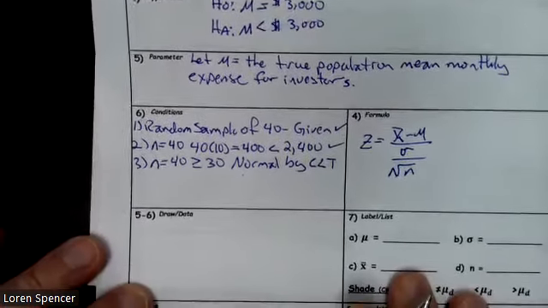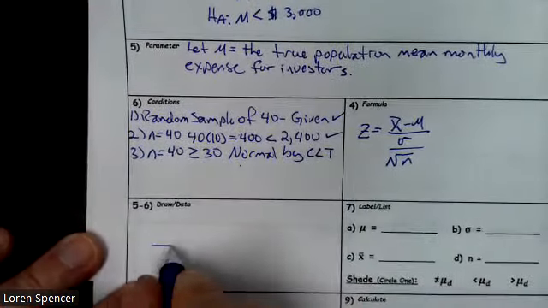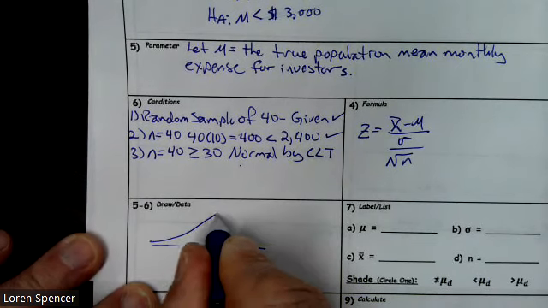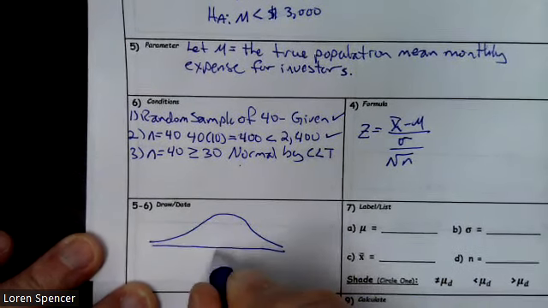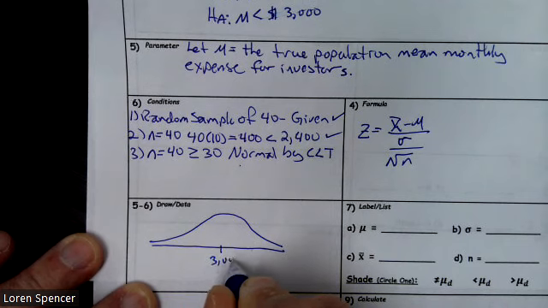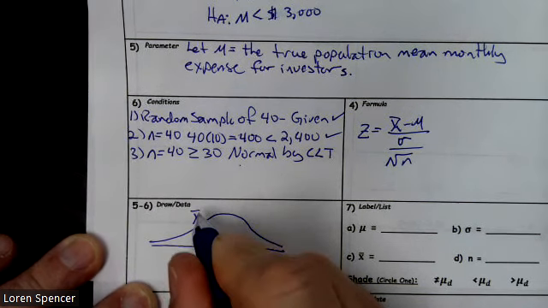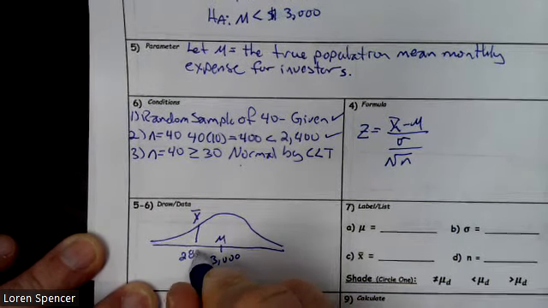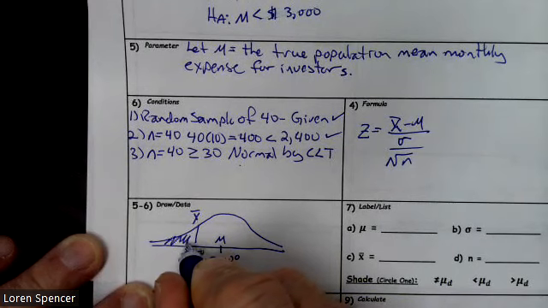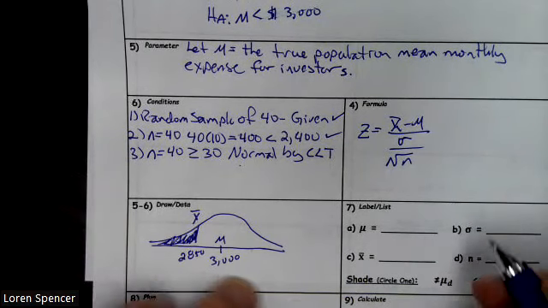Then we need to draw to see what it looks like. Well, in this case, 3,000 is the claim mean, and until we find otherwise, we have to accept it. We have an x bar of 2,850, and we're shading this direction.